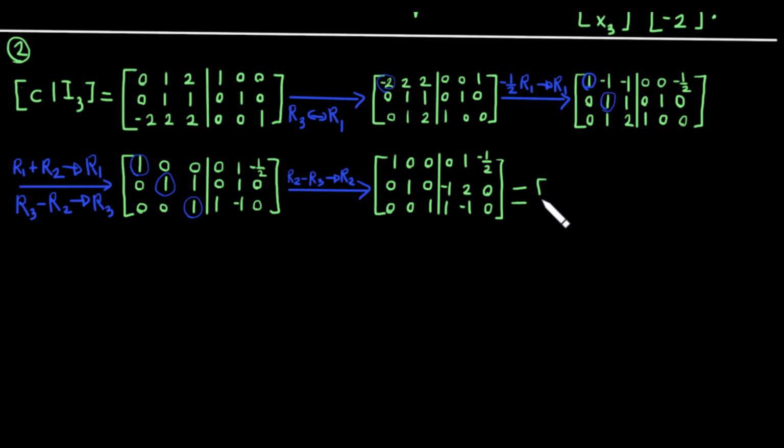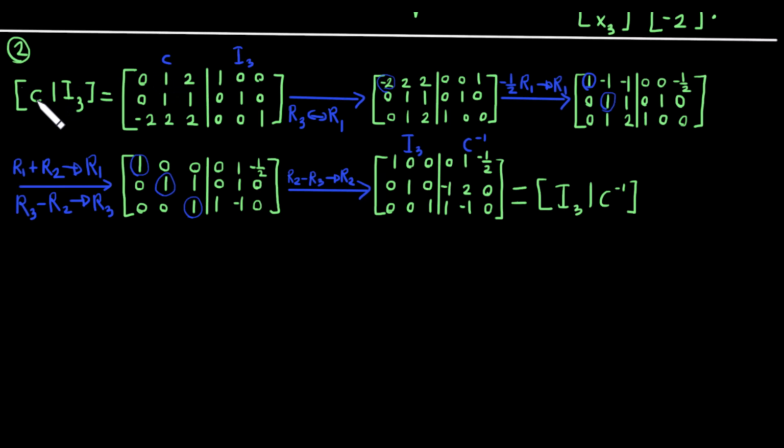Equal, and here we have identity with size 3, and here we will get the C inverse. As we begin, here we have C, here we have identity with size 3.